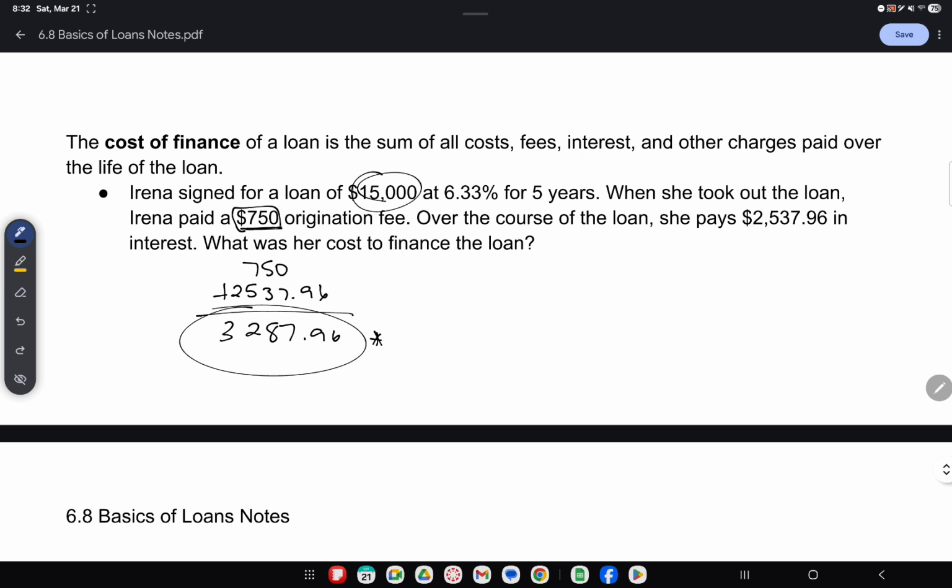Since you were borrowing the 15,000, you used it for whatever you were going to pay off. So let's use a car. So you used it to pay the car, and then you were paying that amount back to the lender, and then it cost you an additional, we'll just round 3,000 to actually get that money. I hope I didn't make that confusing.